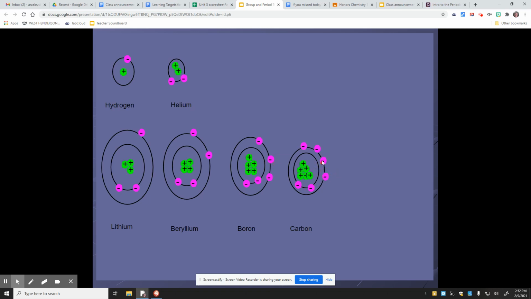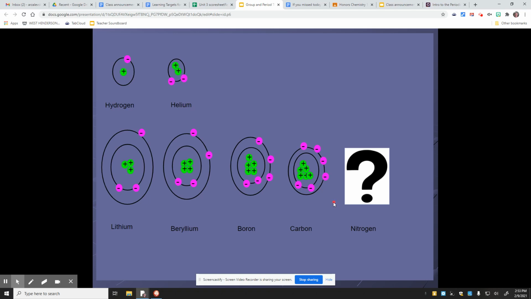And so since there's more attraction, those electrons get pulled in a little closer. And if we talked about nitrogen, which has 7 protons in the nucleus, still 2 energy levels, we would find that nitrogen would be even smaller than carbon because, again, the magnitude of the charge increases.